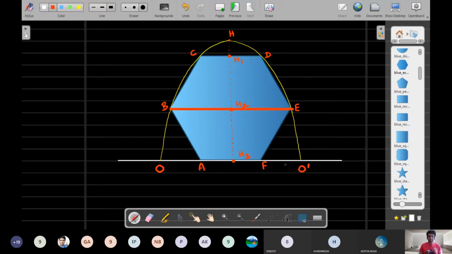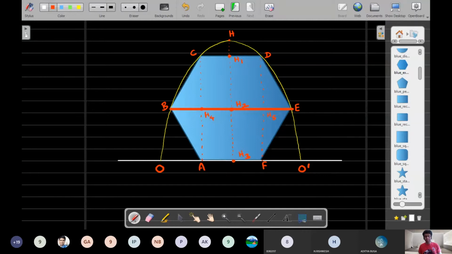One very important thing that you can realize here is that if I mark these lines also, from C it will fall onto A, and from D it will fall onto F. You could clearly see this part, maybe you can just mark this as H4 and this H5.